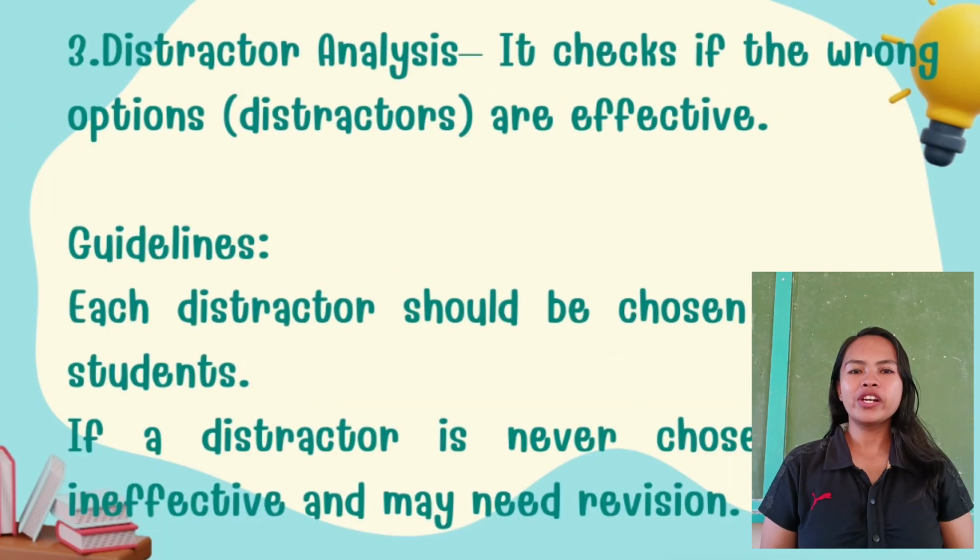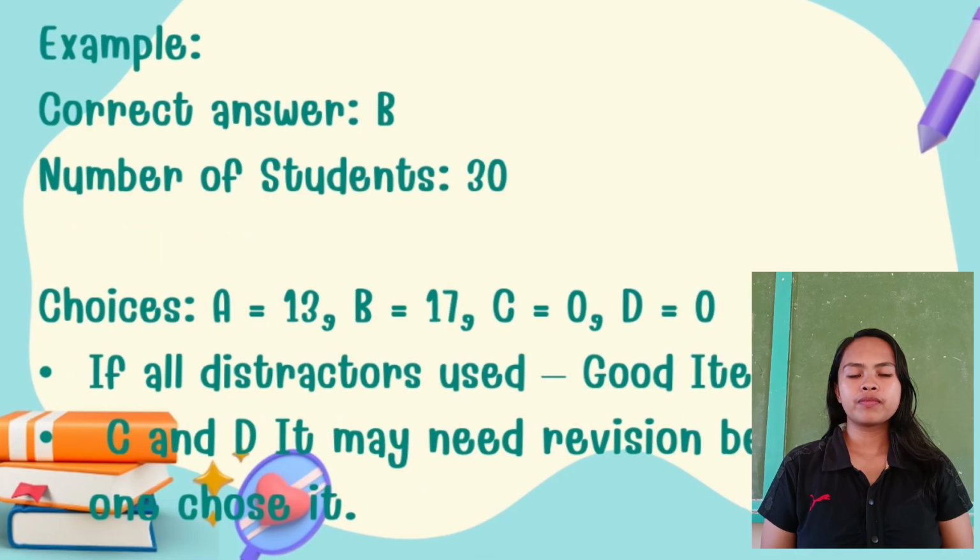And now we are in the last component of the item analysis, which is the distractor analysis. It checks if the options or distractors are effective. I'm going to give you an example of item number 1.